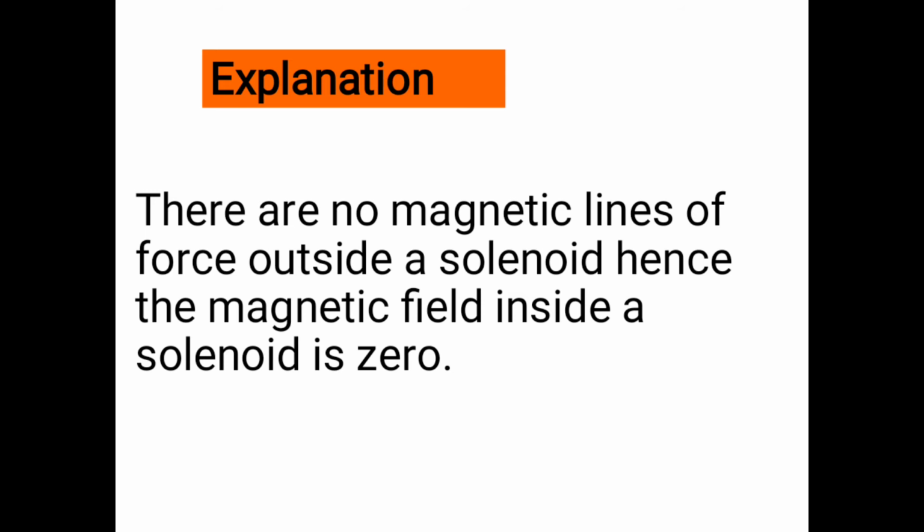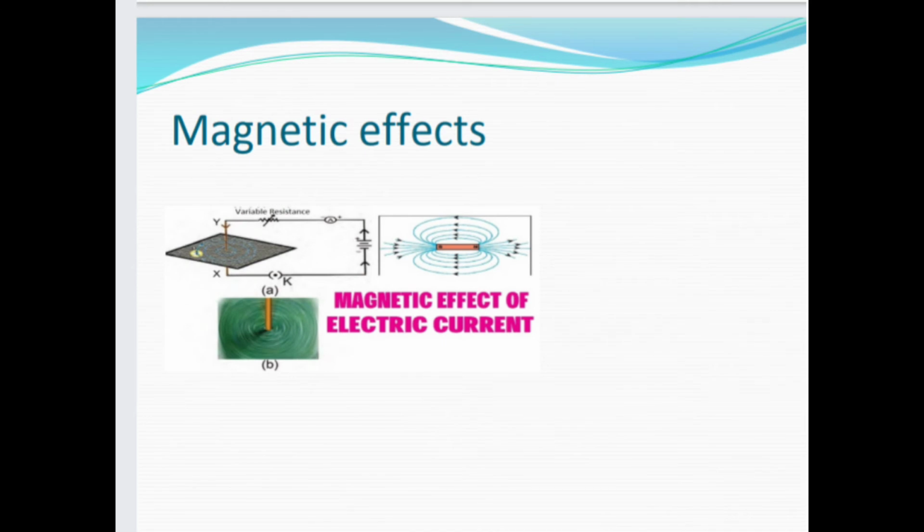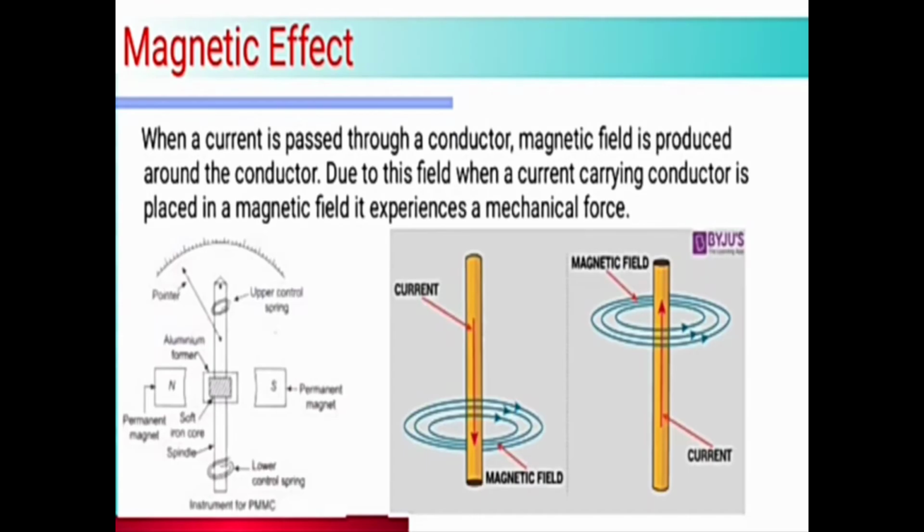Then we see the magnetic effect and its diagram. Magnetic effect of electric current. Here we see the magnetic field, the conductor and the magnetic effect. Then we see the magnetic effect in detail.